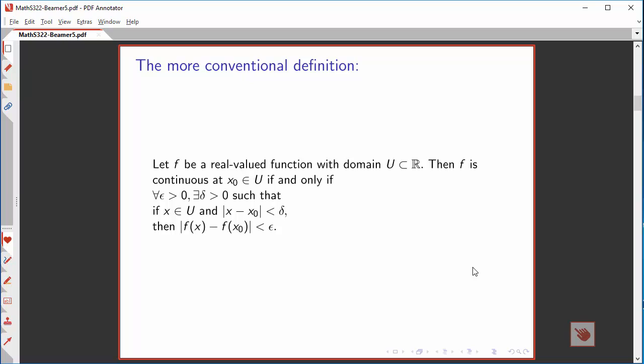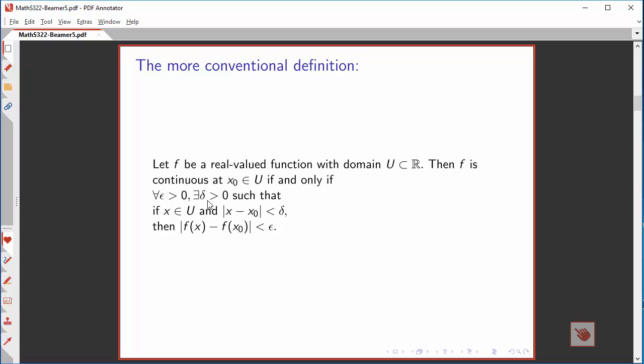F is a real valued function with some domain in the real numbers, and if I pick some point in the domain x naught, f is continuous there if and only if the following condition holds. You challenge me to make the function value close to f of x naught by specifying a positive number epsilon.